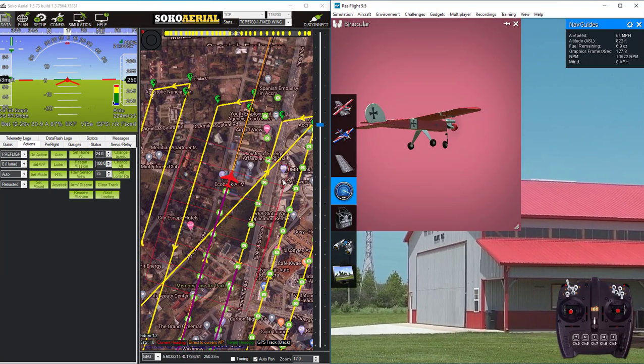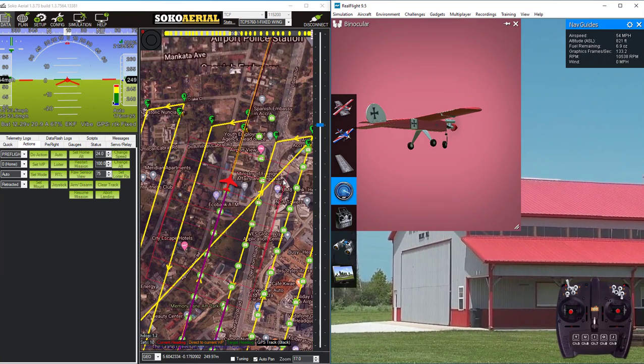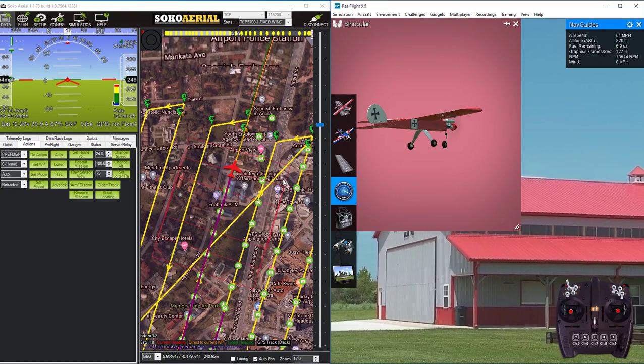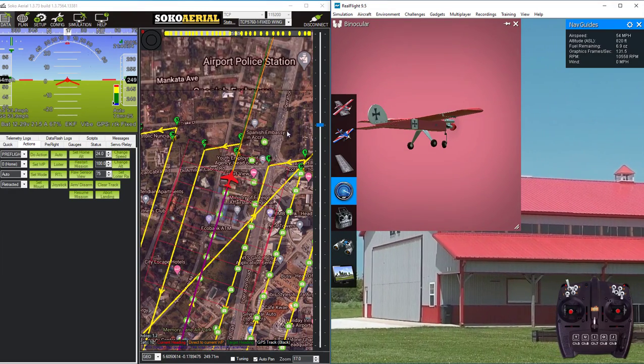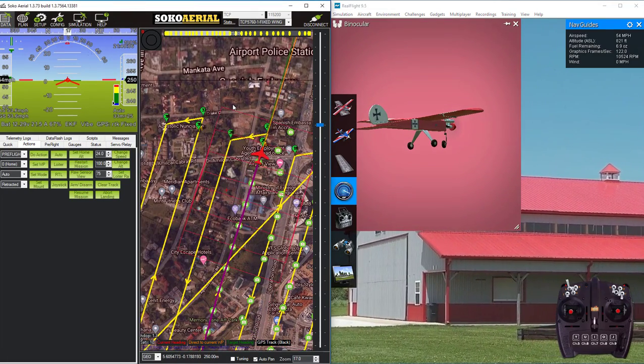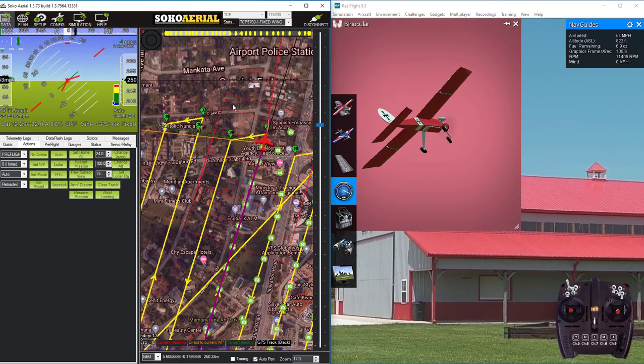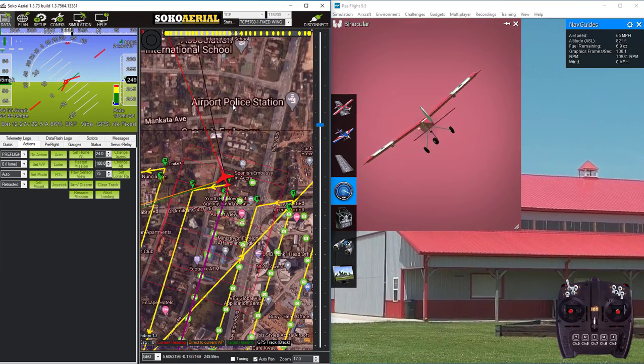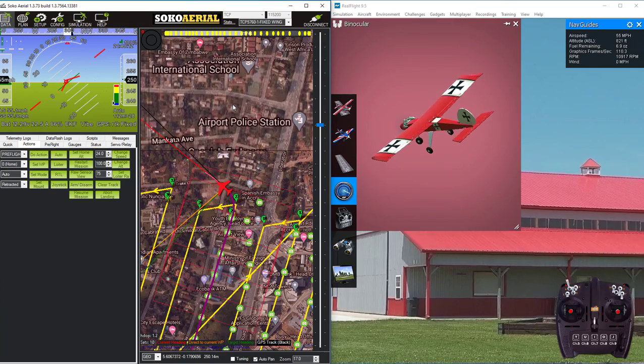Let's see. So it's moving pretty fast enough. Yeah, that's good. Let's go.